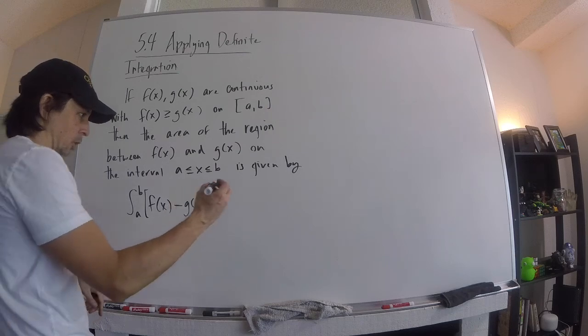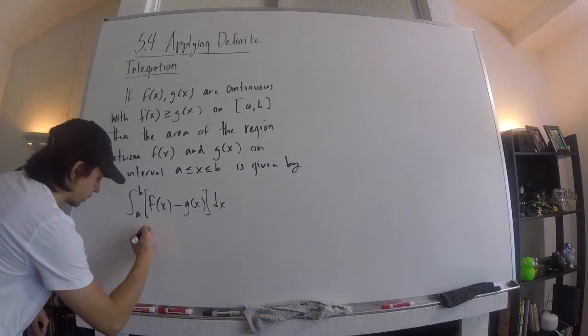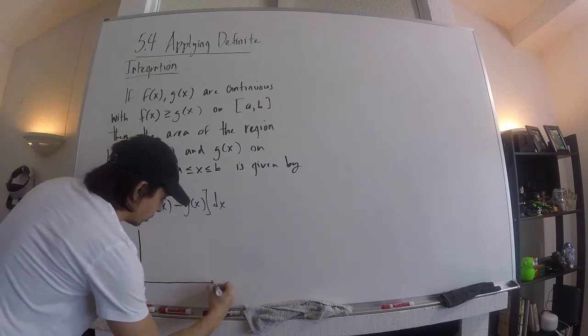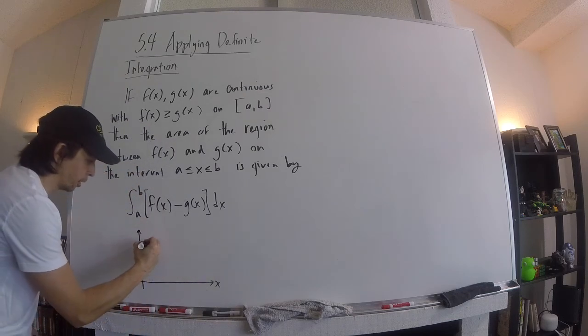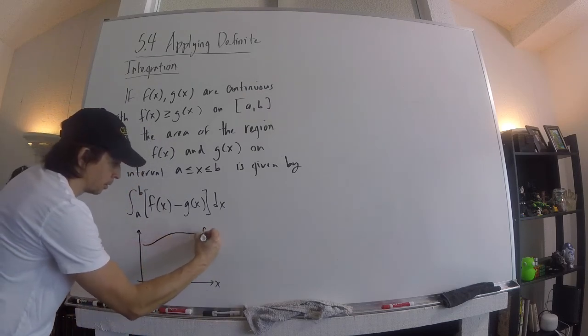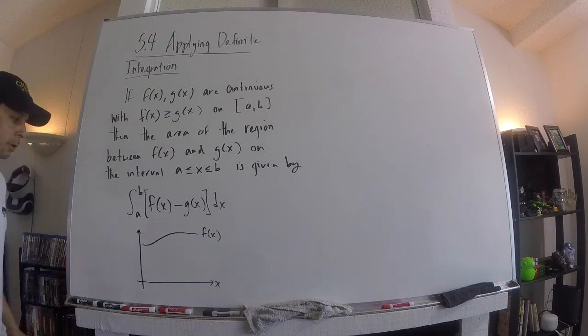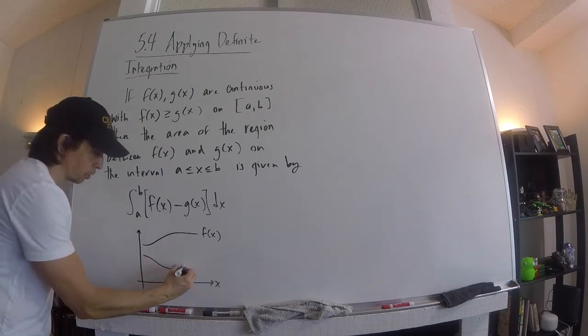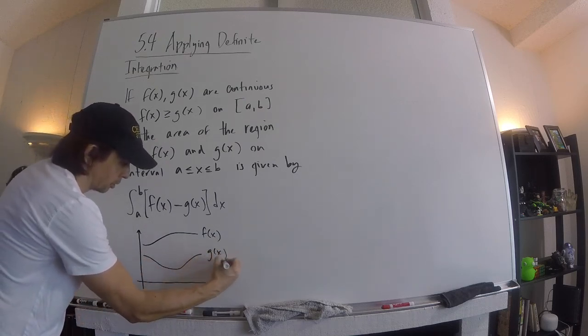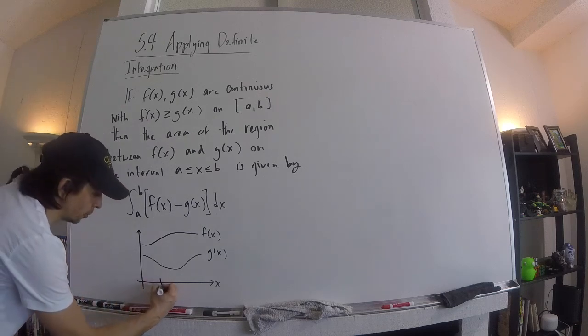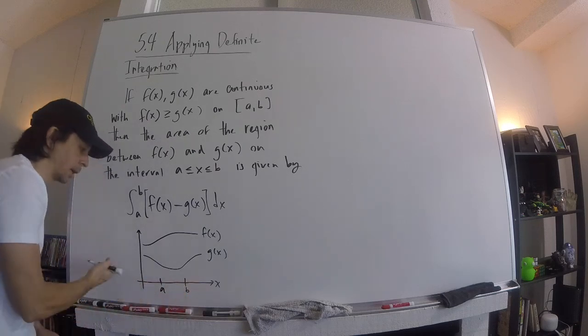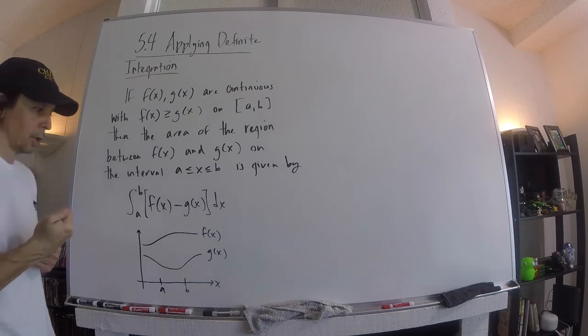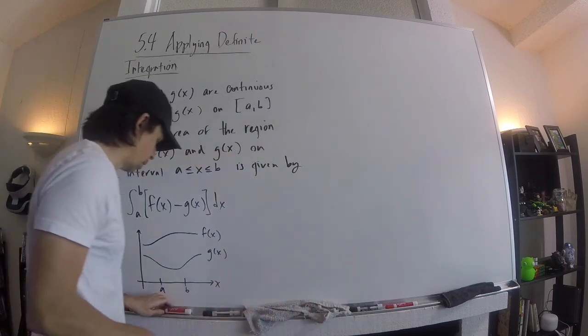Let me draw you a little picture. It's going to be a rough sketch. You've got some function f, continuous, and some function g. I'm just drawing some generic functions. And we're going to cap off an interval from a to b. You could go negative, but I'm going to keep it in the first quadrant to make the picture a little easier to understand.